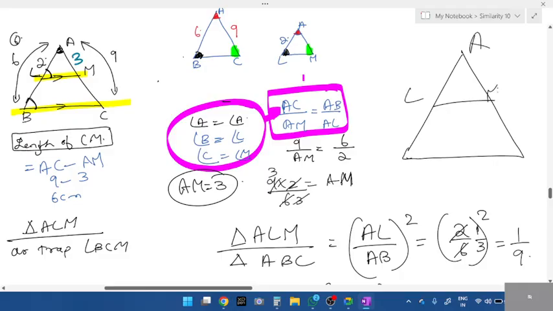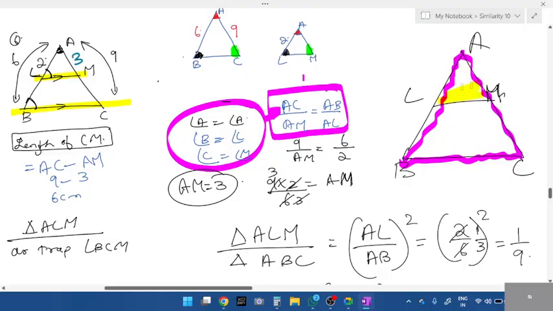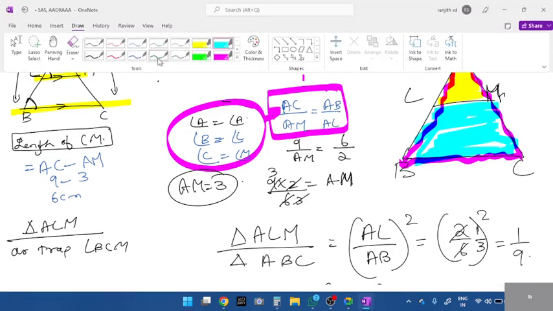ABC, the pink one is the larger triangle. In that, let us subtract the smaller triangle. I'm going to shade the smaller triangle. If you remove this smaller triangle, what is left, students? Tell me what is left. LBCM. The blue one is left, right? If you erase the upper part, the blue one is left.